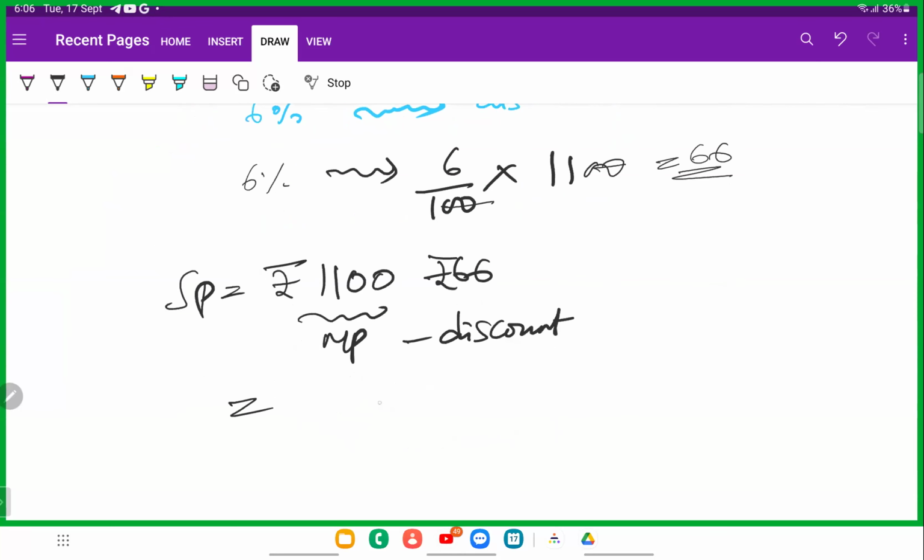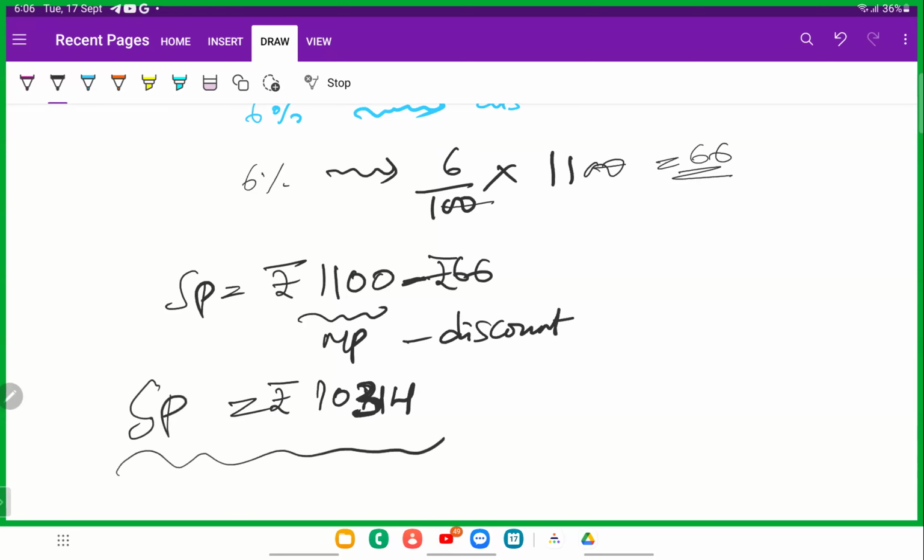So how much are you getting? 1100 minus 66 is how much? Sir, 1034. So selling price is 1034.